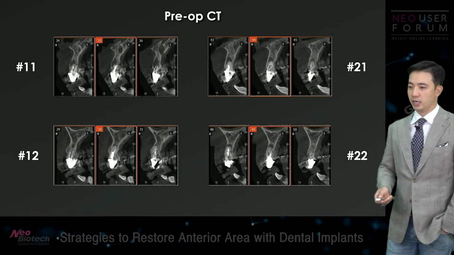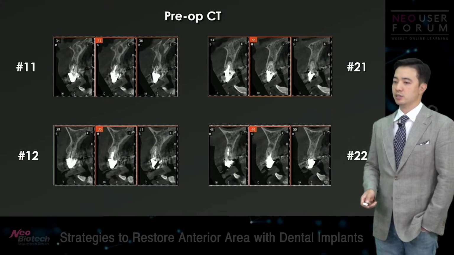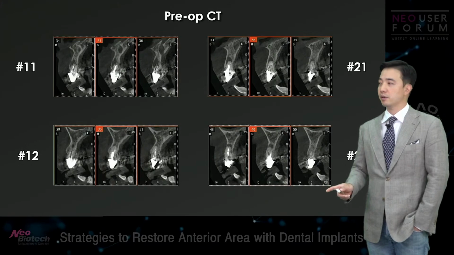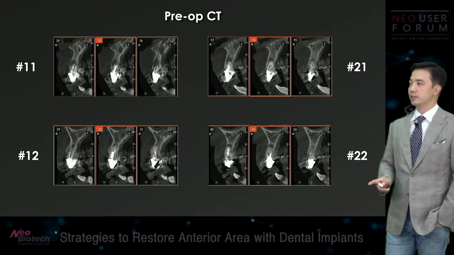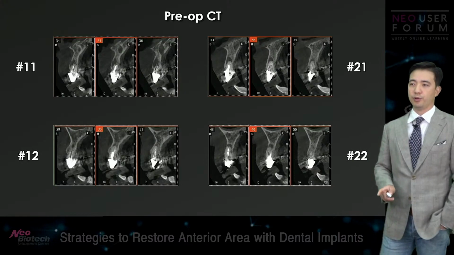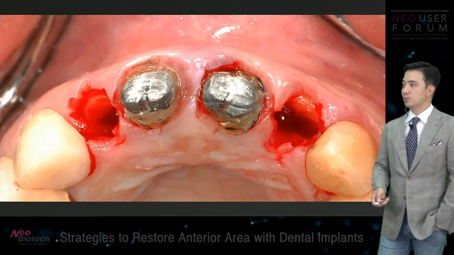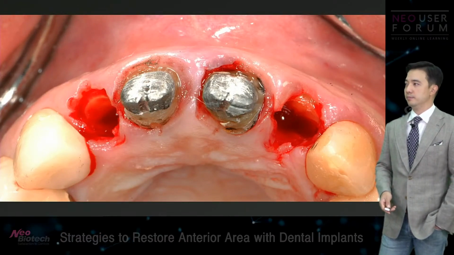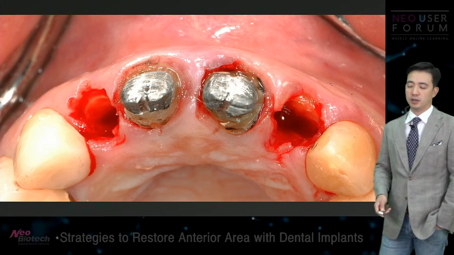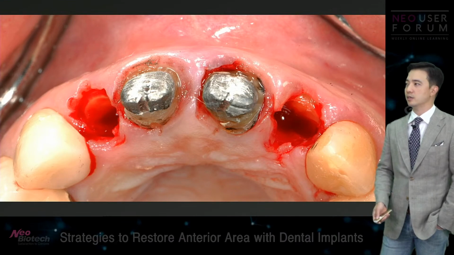So what we decided to do was to take them all out, place implants on number 12 and 22, and make a 4-unit FPD. But I wanted to stage this because I didn't want her to wear a flipper, a removable interim RPD, on her front teeth.